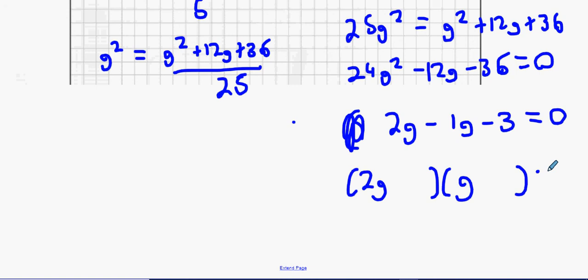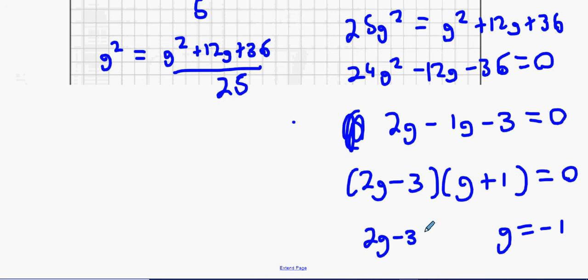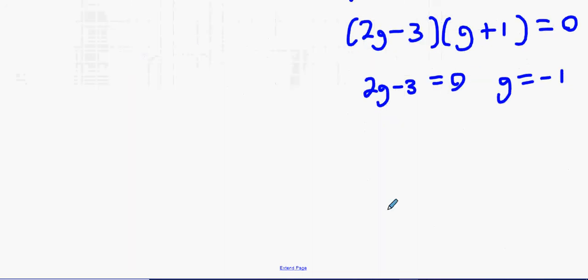It's going to be a plus minus situation here, so I think it's going to be minus 3 and plus 1. So we're either going to get G equals minus 1, or 2G minus 3 equals 0, and when you work that out, you get G equals 3 over 2. So I believe this answer is actually going to be 3 over 2.